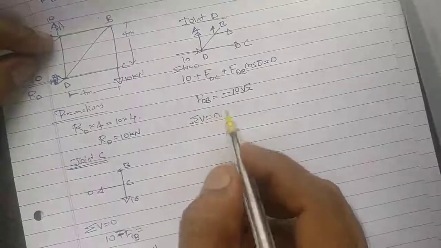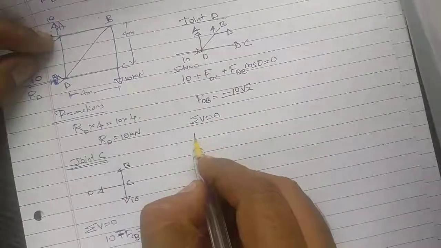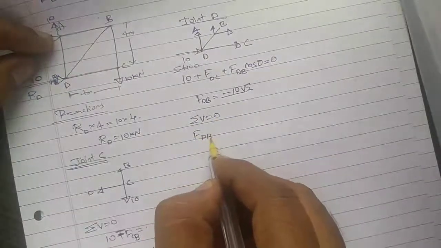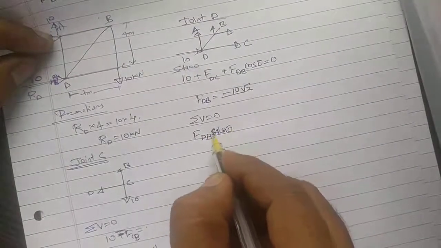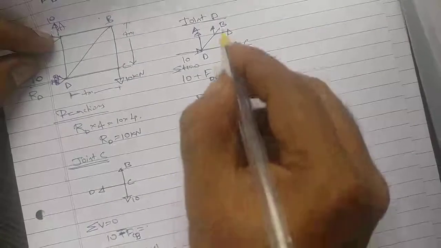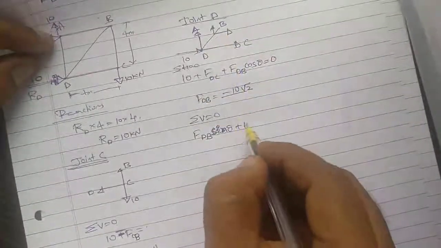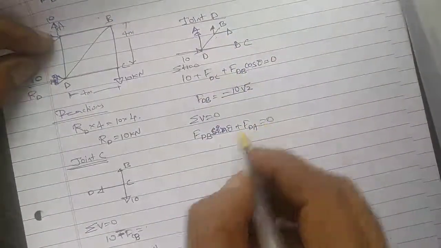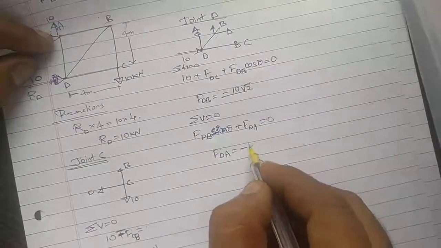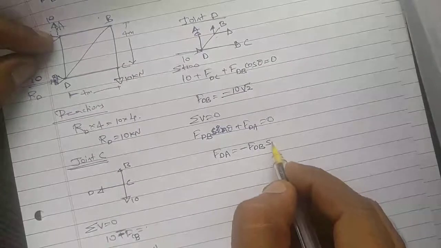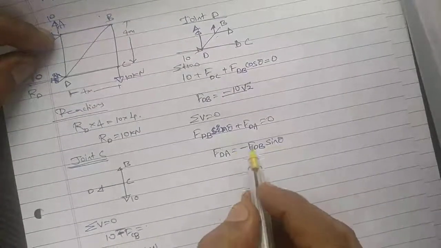Likewise, sigma V is equal to 0. FDB sin theta plus FDA is equal to 0. FDA is equal to minus FDB sin theta.